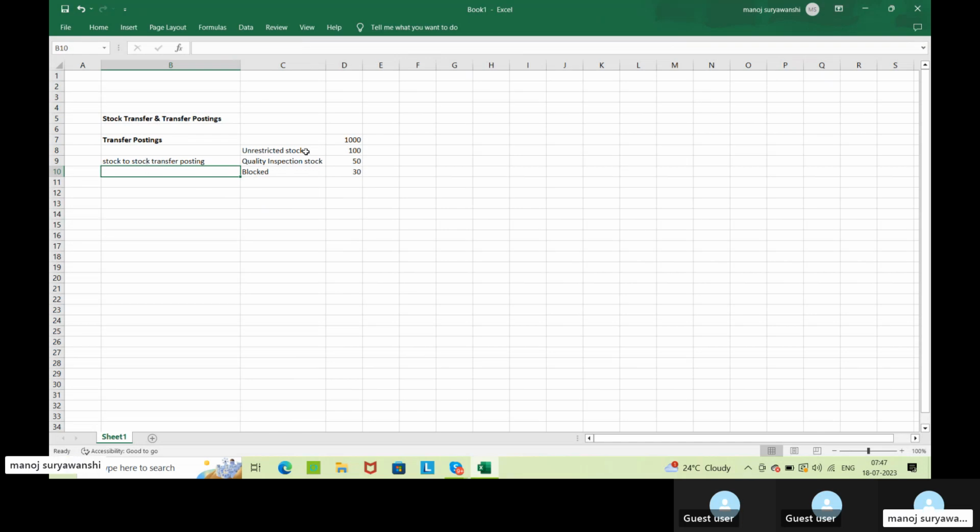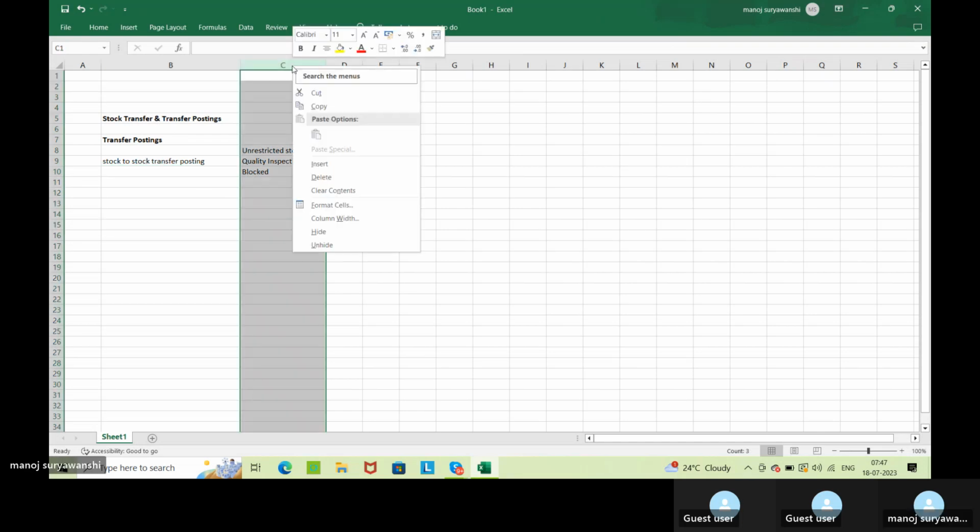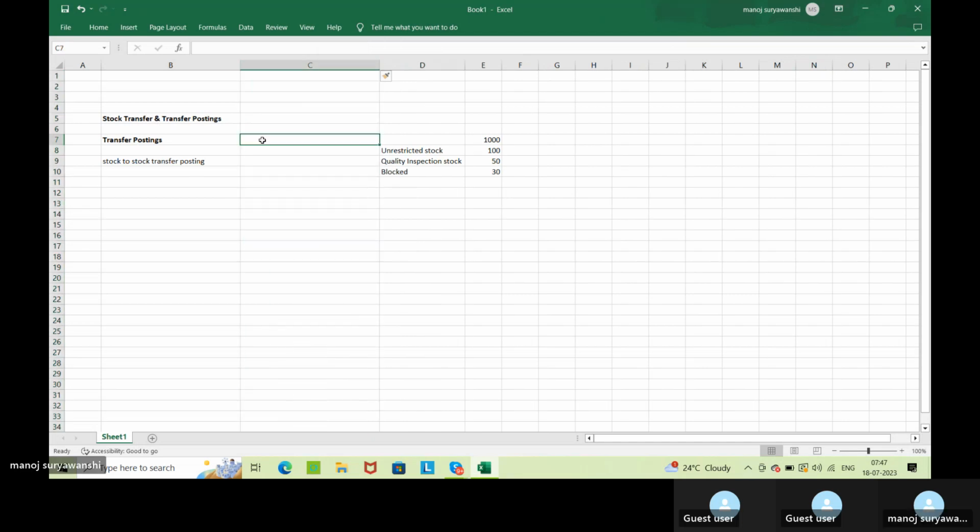So what happens in transfer posting is, identification of the stock quantity changes.